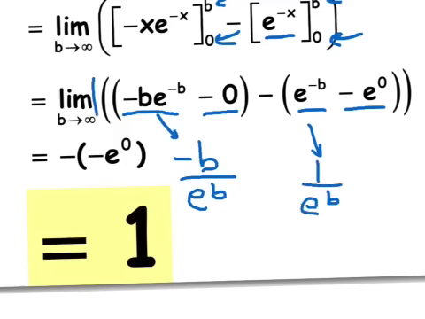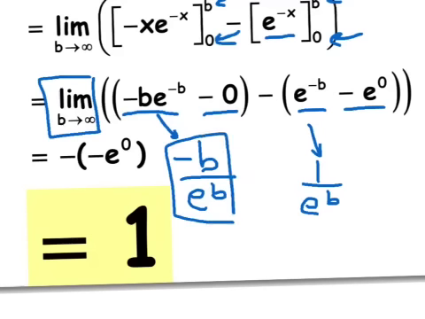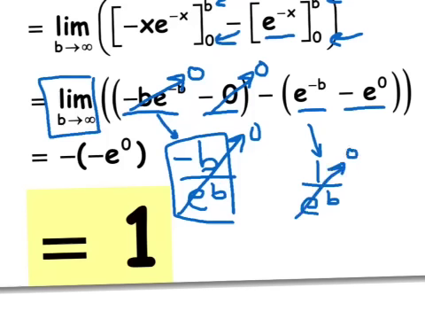The reason that's useful is if we're taking the limit as b goes to infinity, well, the limit as b goes to infinity of negative b over e to the b, this is going to go to 0. And then this 0 right here is also 0. It's already 0. And then 1 over e to the b, as b goes to infinity, that's going to go to 0. So e to the negative b goes to 0.